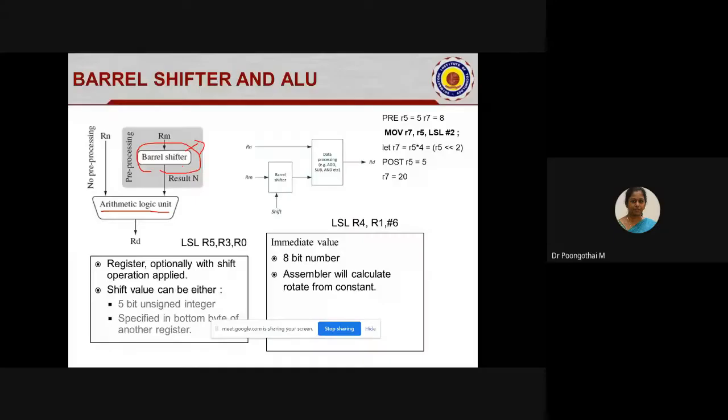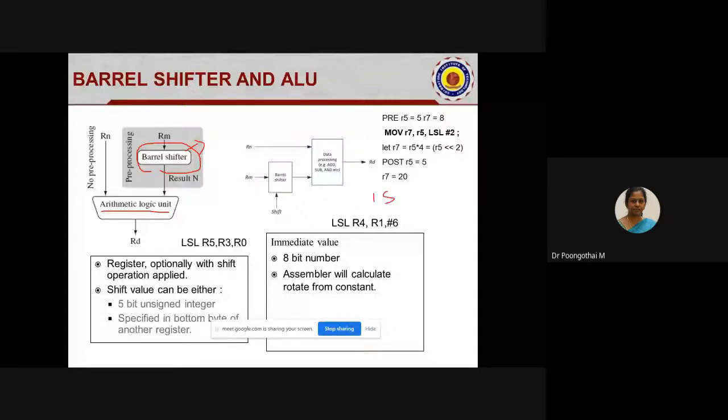For every rotation, whether a right shift, left shift or rotation, it requires one clock cycle for each shift.